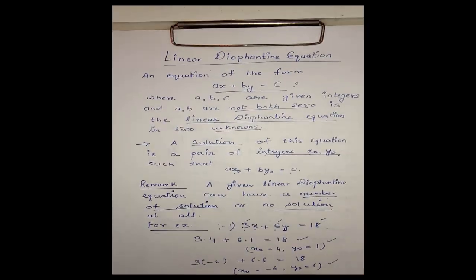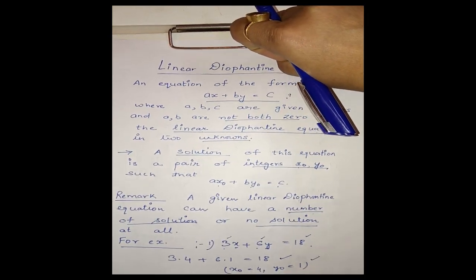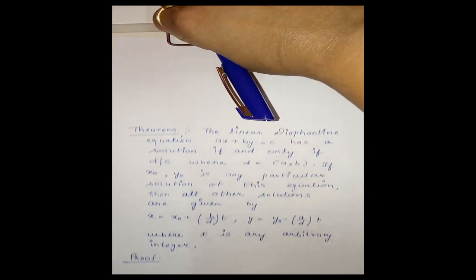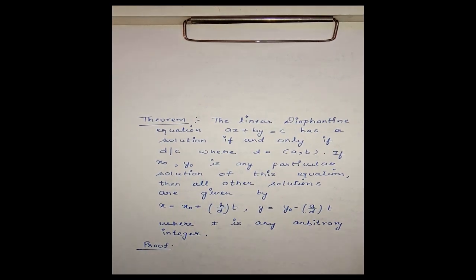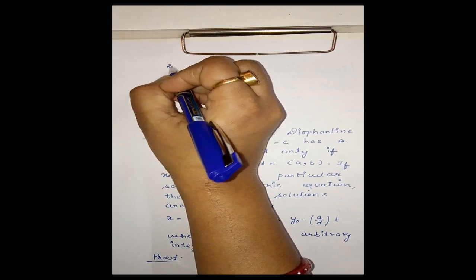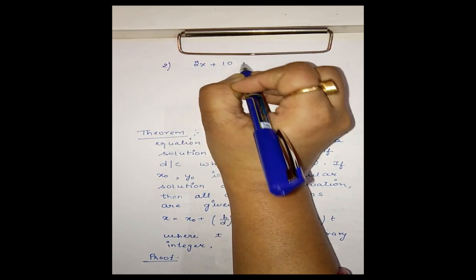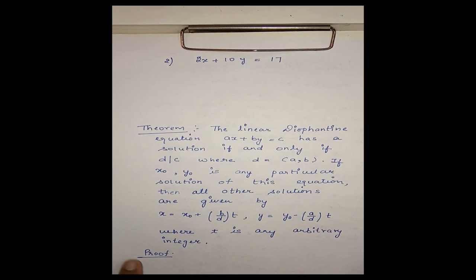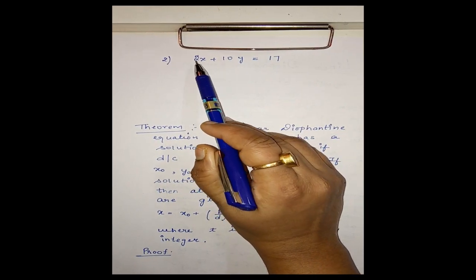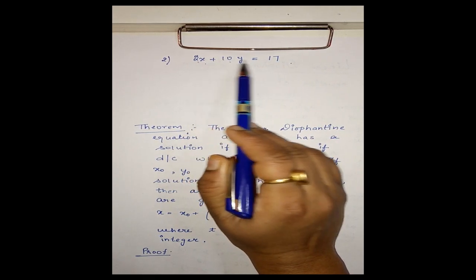Next, if I consider an equation of this form, 2x plus 10y is equal to 17. This is again a linear Diophantine equation. Here a is 2, b is 10 and c is 17, and the two unknowns are x and y.